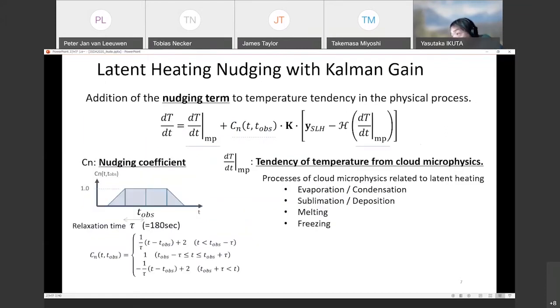The nudging term is added to the temperature tendency in the cloud microphysics process. The nudging coefficient is given as a function of time, defined so that the contribution increases around the observation time. The element processes are the cloud microphysics processes related to latent heat shown here. The nudging term calculates the modification to the sum of these processes.